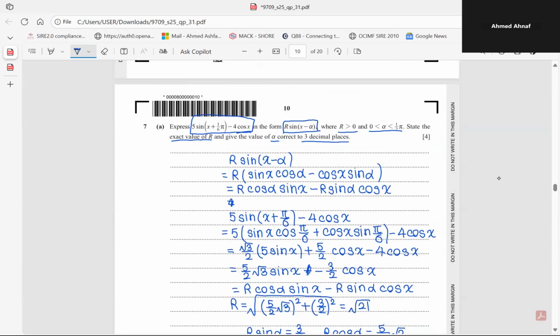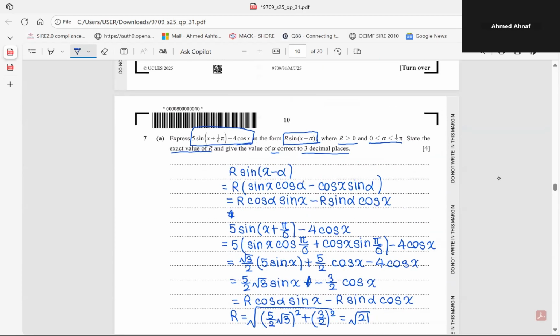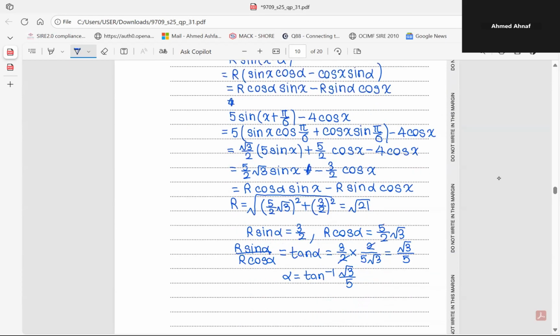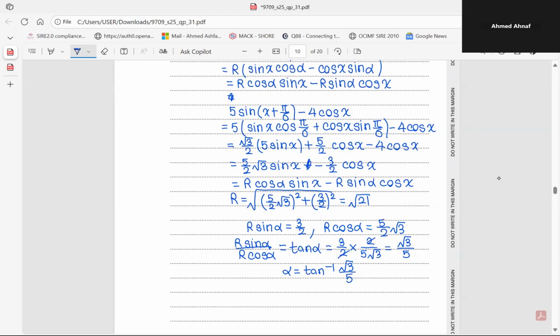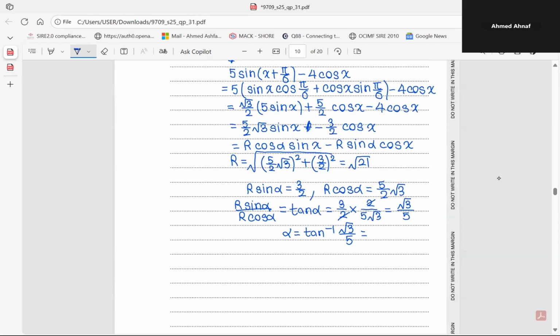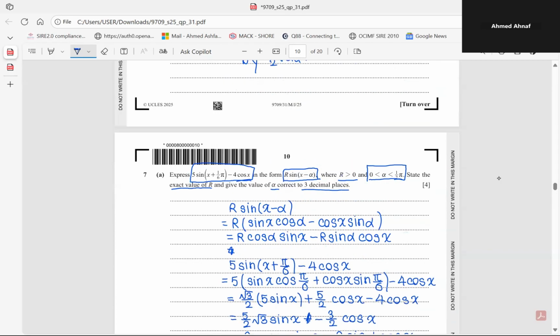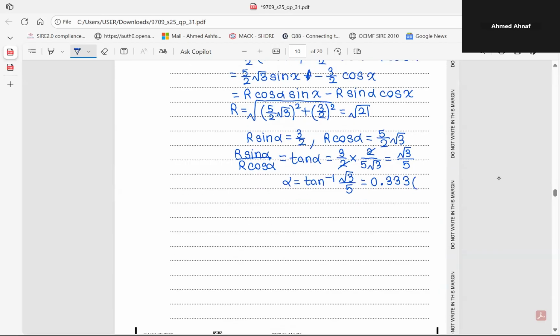So when finding out the answer, make sure that your calculator is set to the radian mode because the domain is given in radians. So you get 0.333 to 3 decimal places.